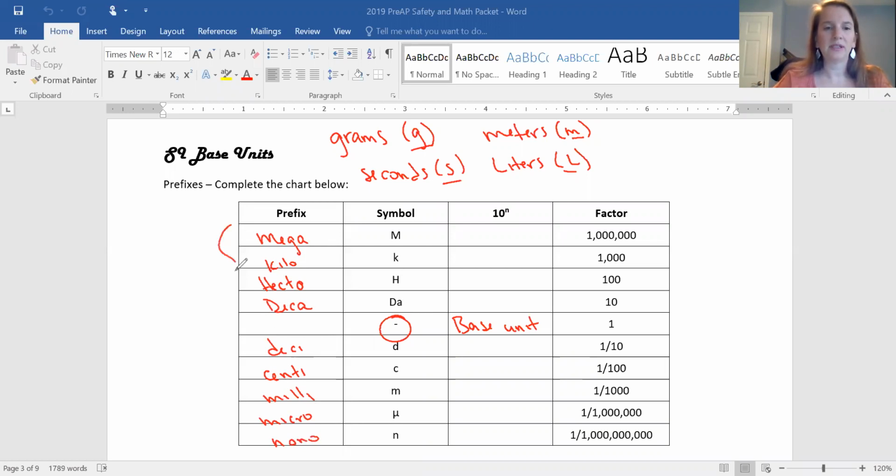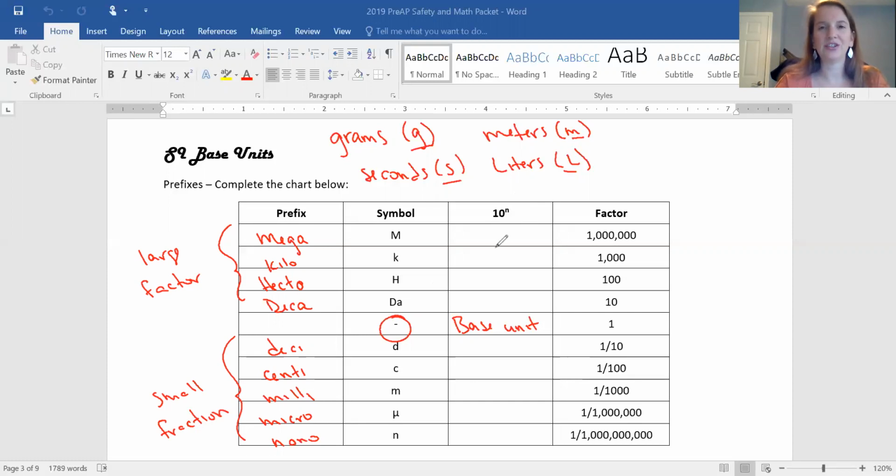So all of these ones up here are large values and they represent a large factor of our base unit. These ones down here are very small values and represent a small fraction of our base unit.